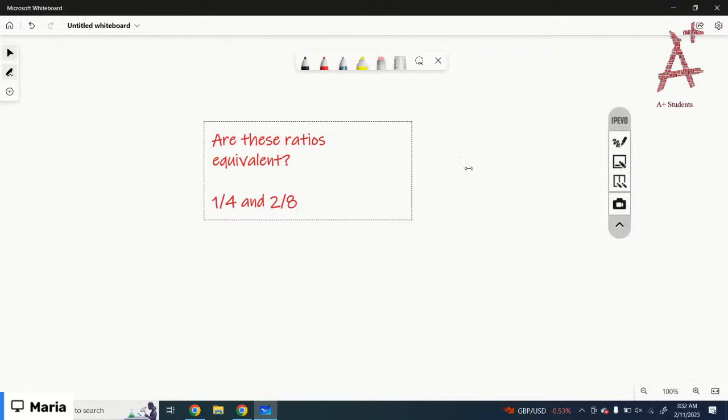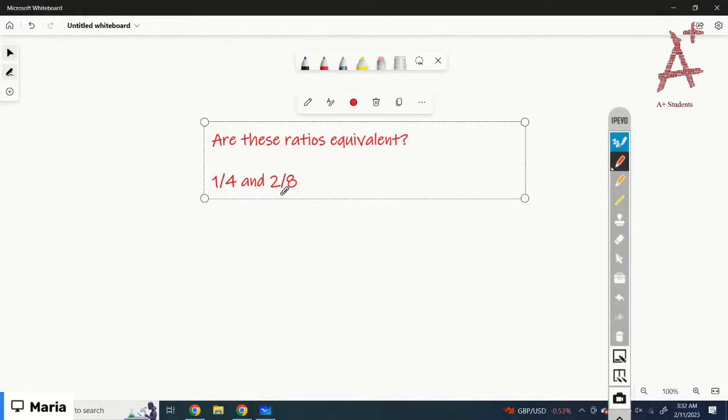Okay, are these ratios equivalent? The ratios are 1 over 4 and 2 over 8. Got it? So just cross multiply: 8 times 1 and 2 times 4. So 8 times 1 is 8 and 4 times 2 is 8.